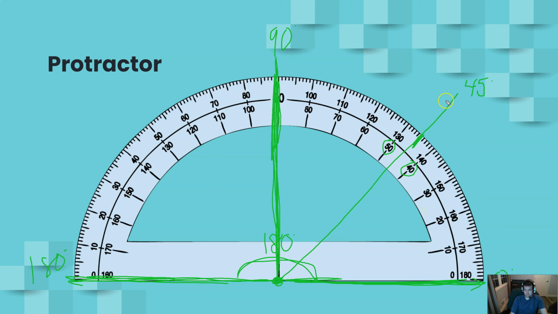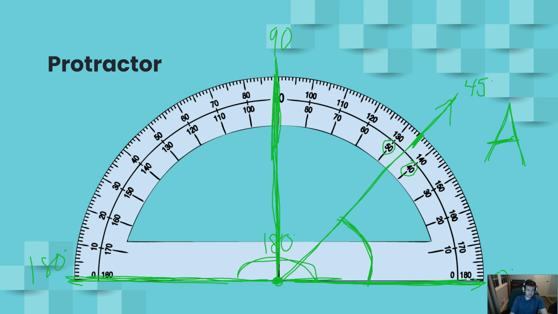Like for example, if I had an angle that was measuring from here to here, right? You can notice that that is an acute angle. And so you wouldn't be looking at the higher set of numbers because the higher set of numbers go with obtuse angle measurements, right? That are going to be bigger than 90. So when you're looking at it, if it's an acute angle, which is why it's always important to identify what kind of angle you're looking at, then you're going to look at the smaller numbers.